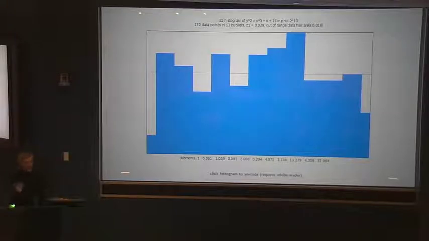Here I'm using 13 buckets, which is roughly the square root of the number of data points I have, a statistically good number to choose. I have 170 data points because I'm looking at all the primes up to 2 to the 10, up to 1024. The height of each bar represents the number of normalized Frobenius traces that fell into that bucket. And down at the bottom, I've computed a sequence of moments.